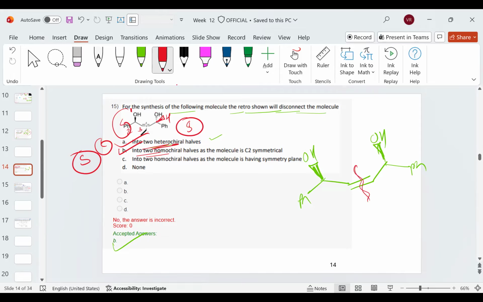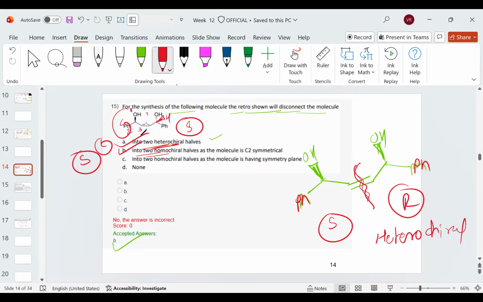Because if you look at the configuration, one has the S configuration, and the other, one, two, three, has the R configuration. So basically, this is the example of heterochiral, and the example they gave in the question is for homochiral. Therefore, option B is the correct option.